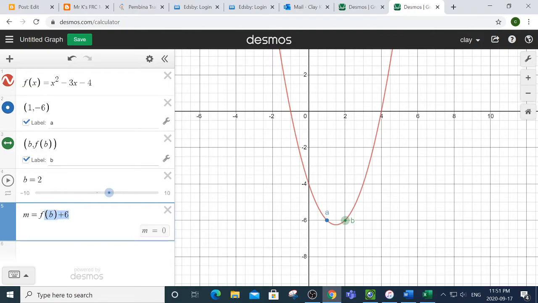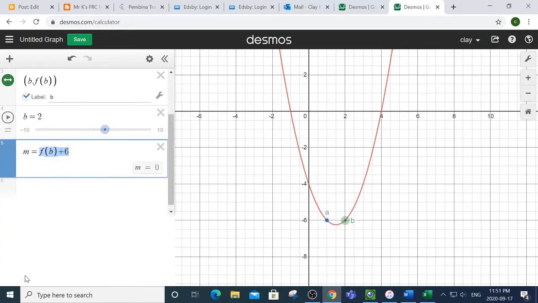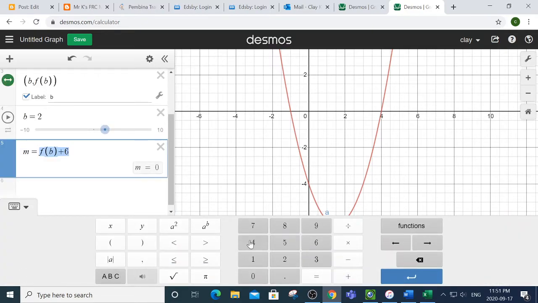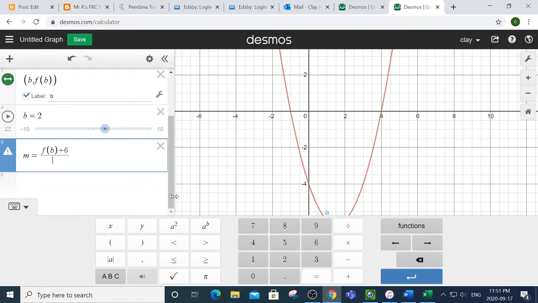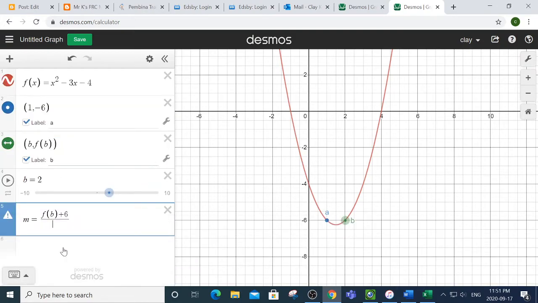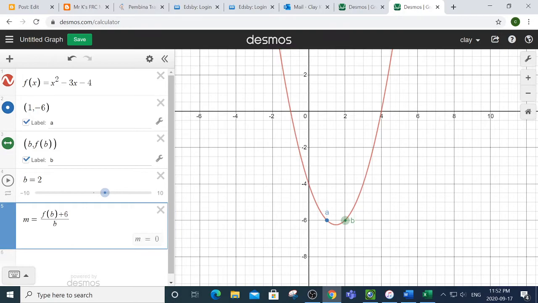All over. To make something all over, you highlight it, and then you can either hit divide down here, there we go, divide, or you could have just hit your slash on the keyboard. So f of b plus 6 all over b minus a, but a is always 1, so I don't have to change that. And as you can see, yeah, the slope is 0.